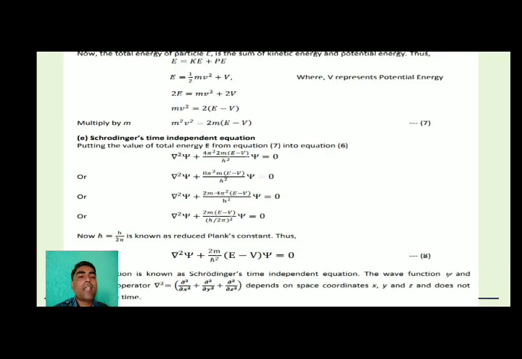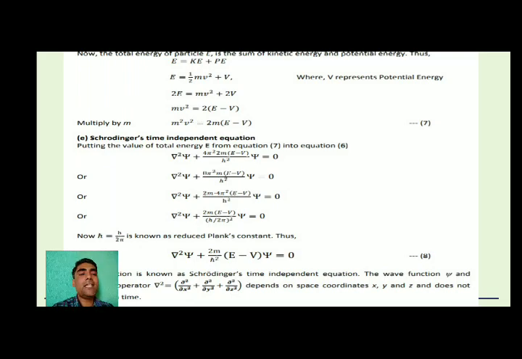So this can be rewritten as ∇²ψ + (2m/ħ²)(E − V)ψ = 0, as we have substituted h/2π as ħ, which is known as the reduced Planck's constant.